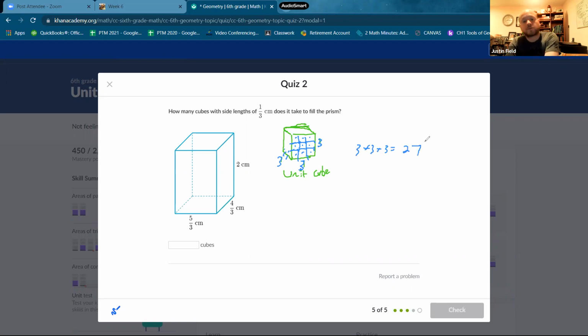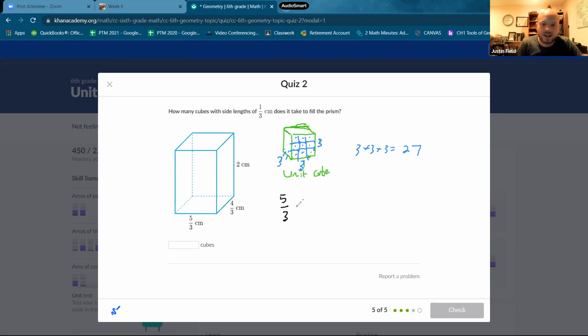So you find the volume, and then you multiply by 27. And that is going to be how many of these little cubes there are. Why? Because there are 27 little cubes in a unit cube. And when we find the volume, we're finding the volume in unit cubes, units cubed.